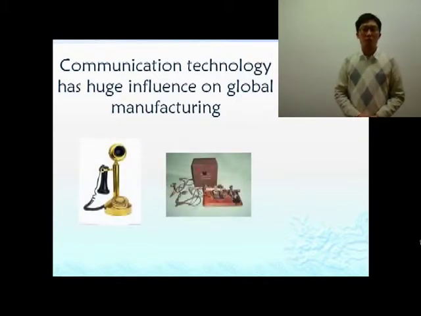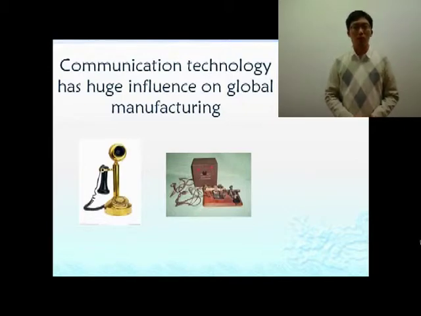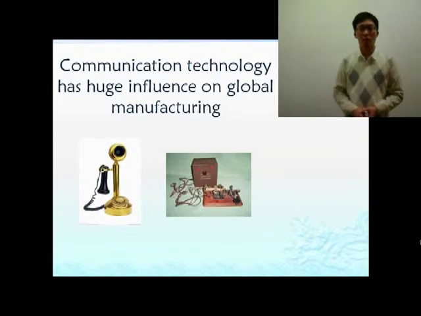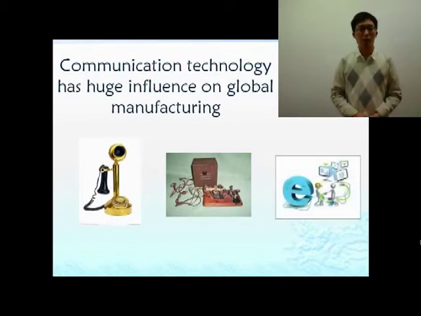The poor communication between the decision-making department and the production department caused high inventory and cost in production, because the firm had to wait a long period for the response from the production department. So global manufacturing stayed at a low level before the emergence of the Internet.